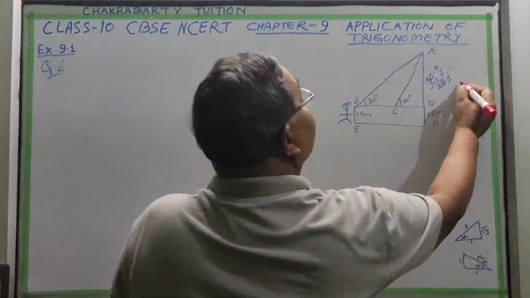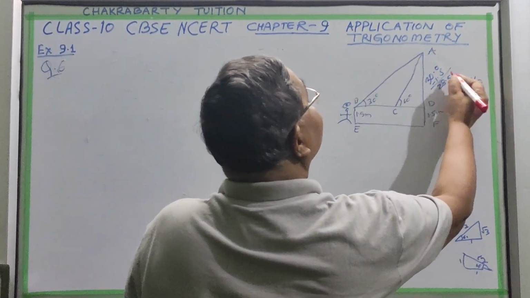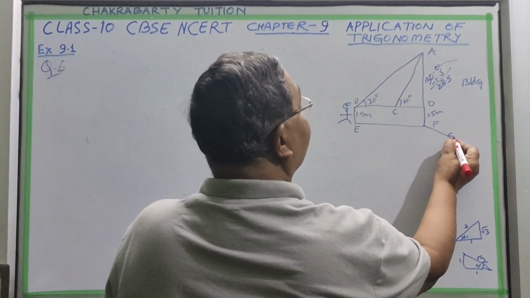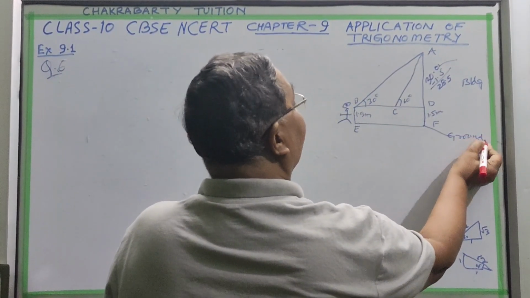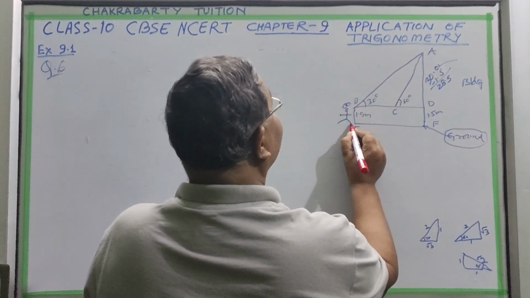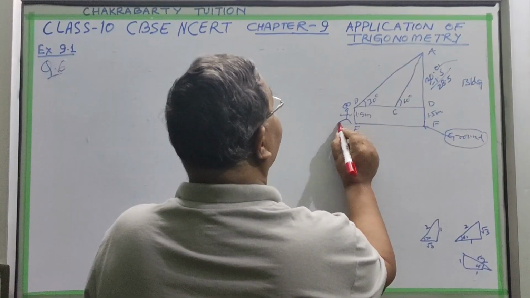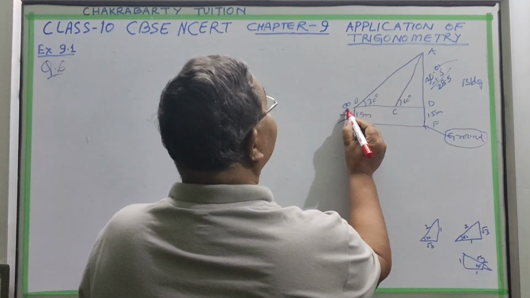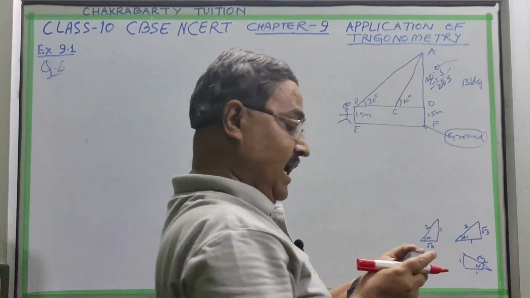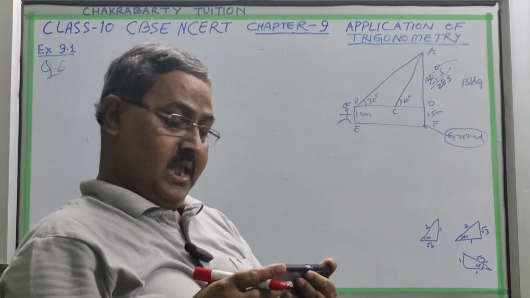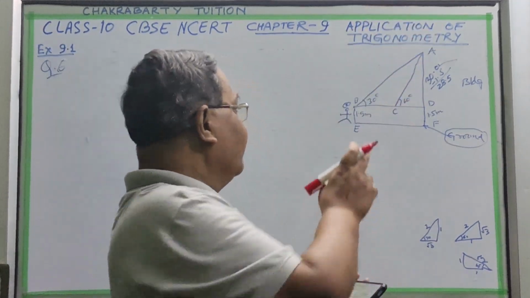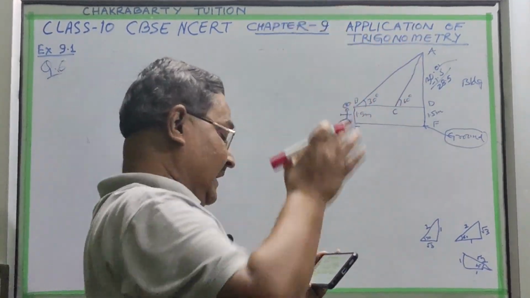The building height is 30 meter from the ground level, but the person is here on the ground, and from here his eyes are here. From here he is looking upward, the angle of elevation.